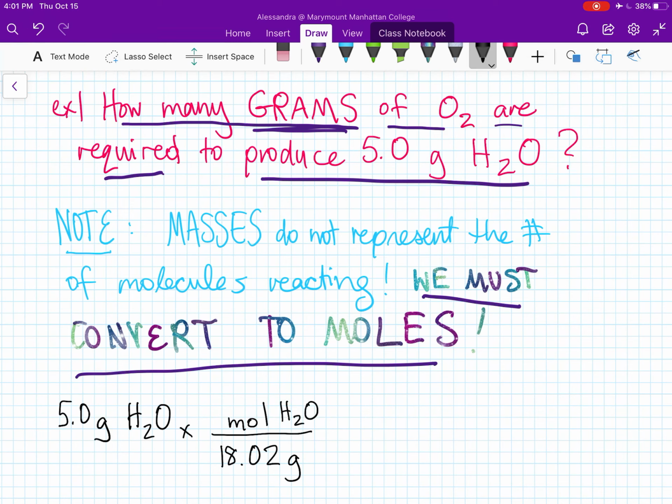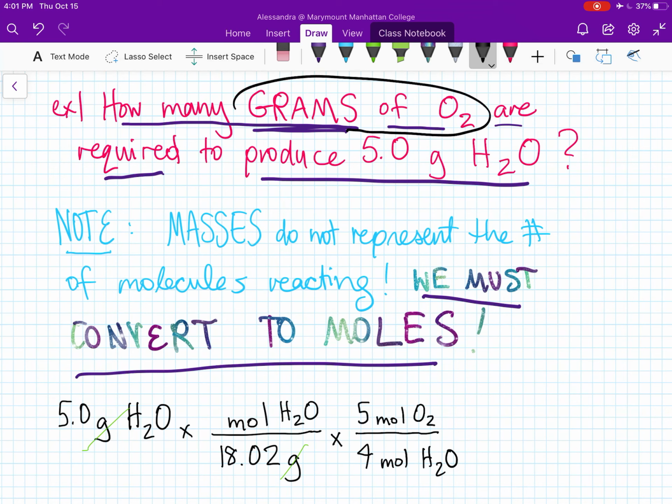So I have 18.02 grams of water per mole of water, and that will enable me to cancel out the grams of water. Okay, but I also want to convert water to oxygen. Looking at the balanced chemical equation, I have 5 moles of oxygen for every 4 moles of water.